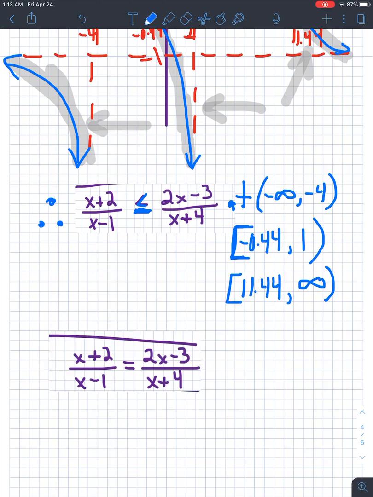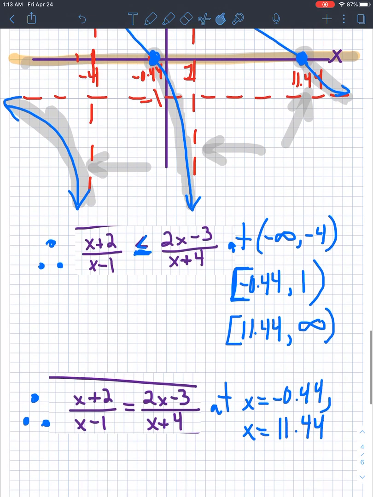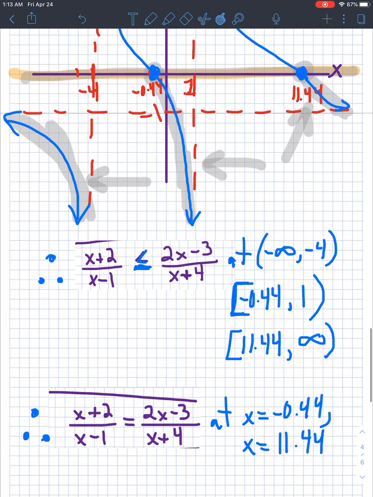And we can say, therefore, this is true at x equals negative 0.44, comma, x equals 11.44. The two places where it is equal to 0 are this blue dot and this blue dot. There you have it.